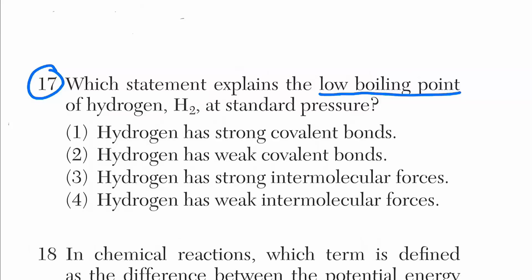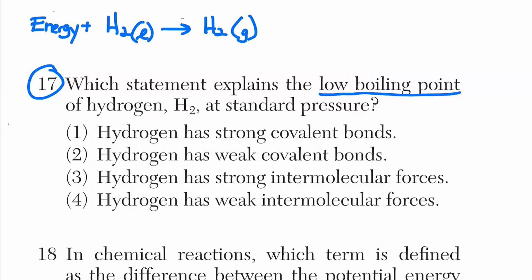Why doesn't it need a lot of energy to go from H2O liquid into H2O gas, higher energy? Of course, it's endothermic. It needs energy to go up because gases have higher energy. But the point is, why is it so low?